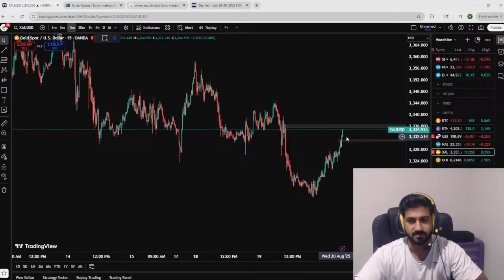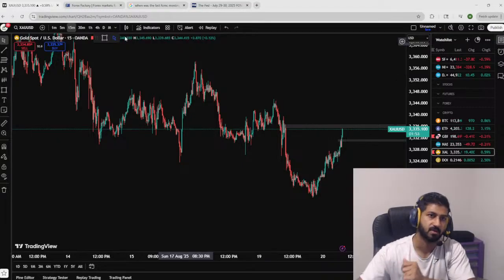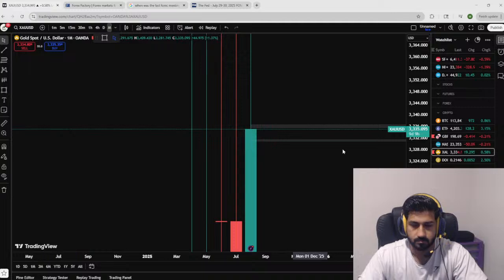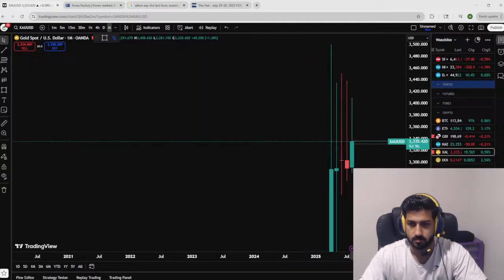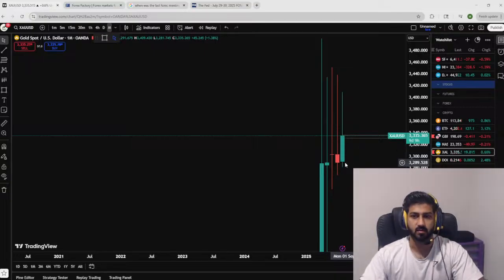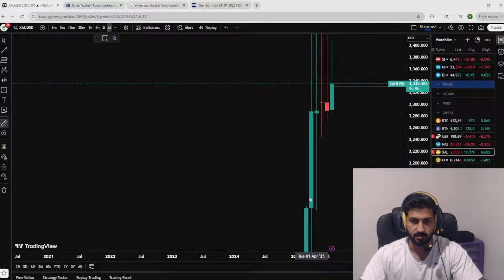And I think this week, because of the amount of news happening this week, we could really turn the monthly candle bearish and continue to move down and test these lows down here.